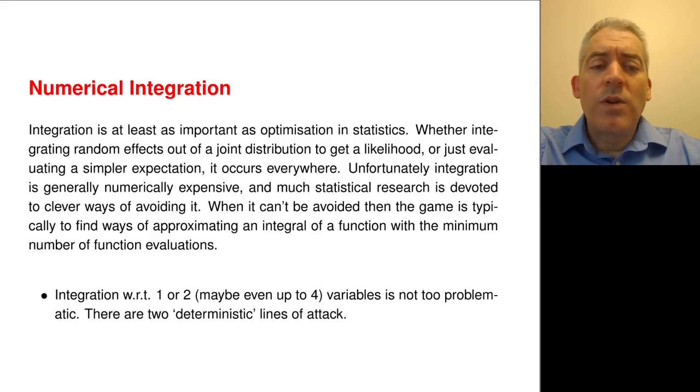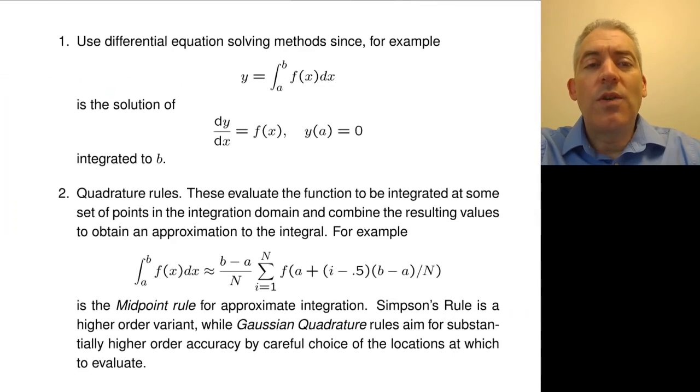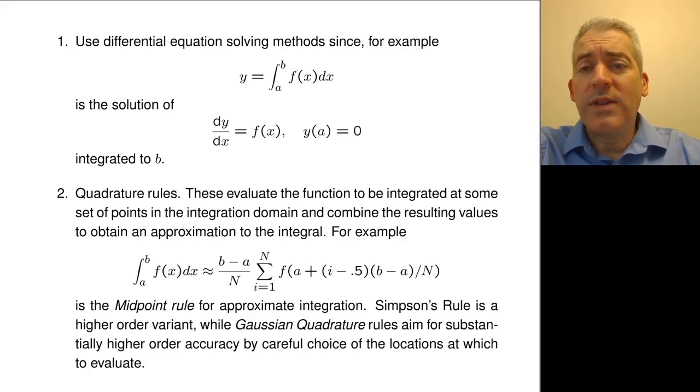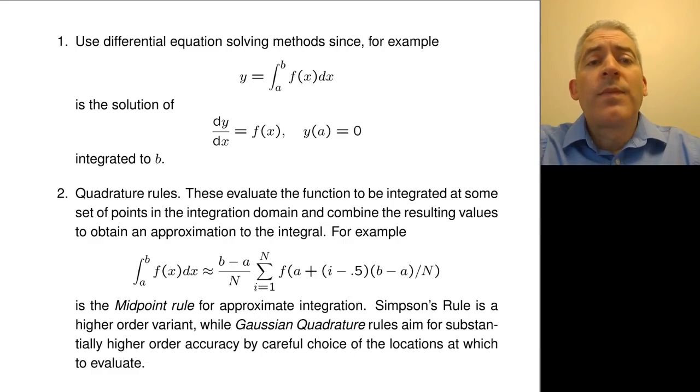So in 1D, there are 2 sort of obvious lines of attack. One is to recognize that there's a close relationship between 1D integrals and ordinary differential equations, and so we can in fact simply use ODE solving methods to do our integrals.